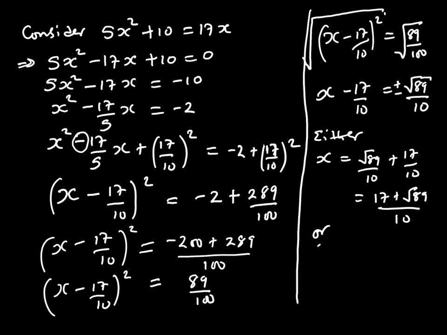Or the other x value is x minus 17 over 10 is negative root of 89 divided by 10, and you have your x as 17 minus root 89 over 10. So we have two x values. The first x value is 17 plus root 89 over 10. The second x value is 17 minus root of 89 over 10.